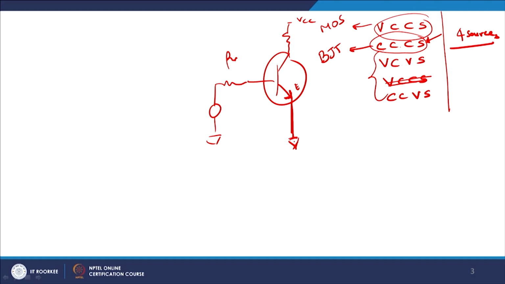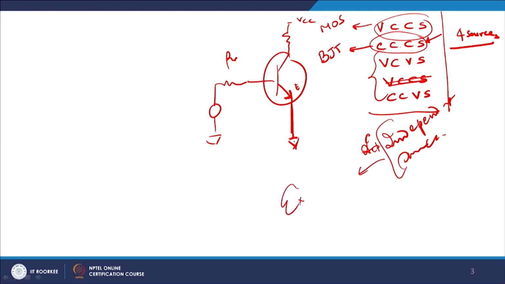So, you should be very careful that these are 4 sources, and these 4 sources are all dependent sources. Let us assume that these are all independent sources, but each source has an external bias. All of the sources have external bias, but they are of independent nature.